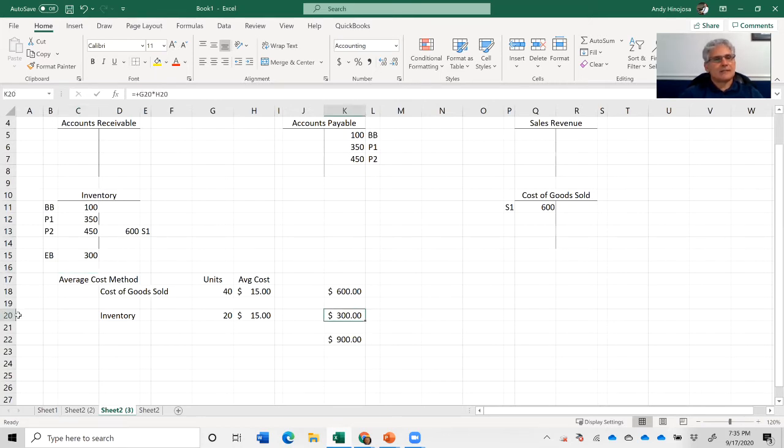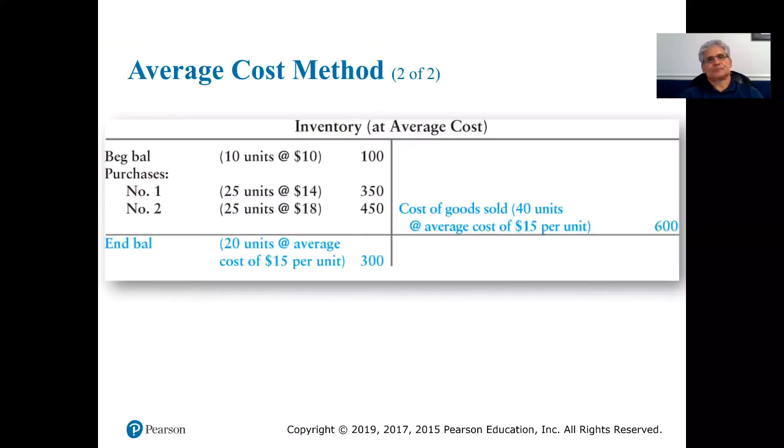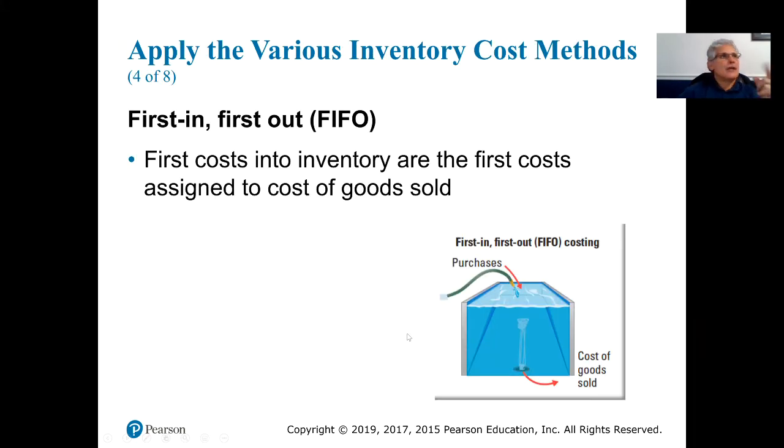That's consistent with what we computed the ending inventory to be. The average cost method showing the T account for inventory shows $300 is our ending balance. Okay, so far we've gone over specific identification, and then we went over the average cost method. Those are two methods that we've already talked about.